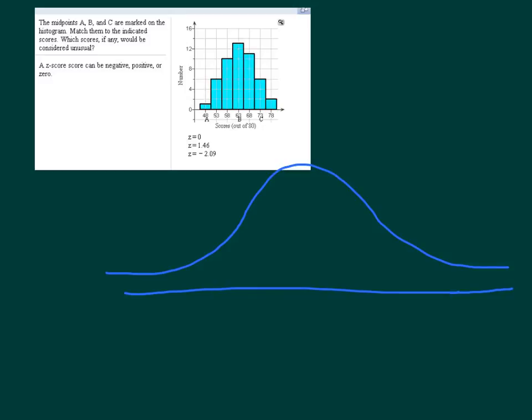So as we discussed, we said where our z's fell, and they always fall in the same spots. In the center, a z of 0 will always be in the center. So z of 0 would be B, because 0 is always in the center. On the right-hand side are positive z-scores. We never have negative z-scores on the right.